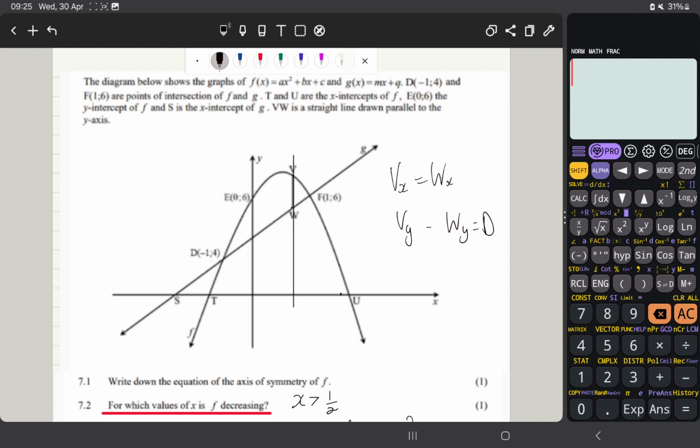So what gives us the distance here? It's the y value of V minus the y value of W. That's gonna give us the distance. And the thing here is that V is on f, so we could say f of x, the y value of V at x.